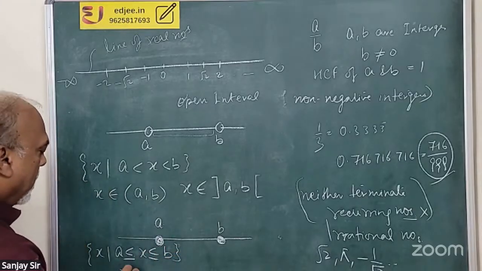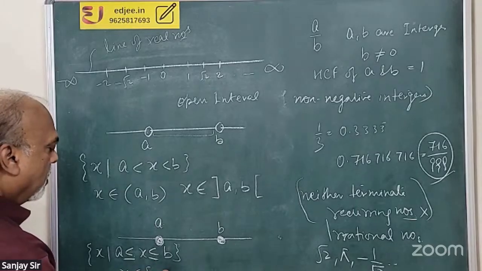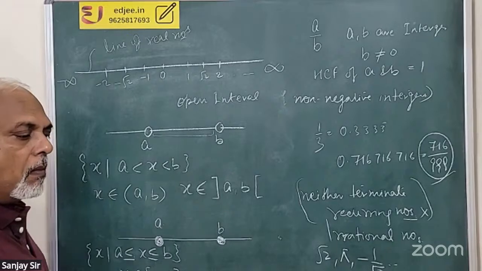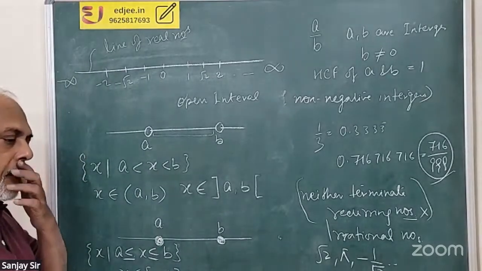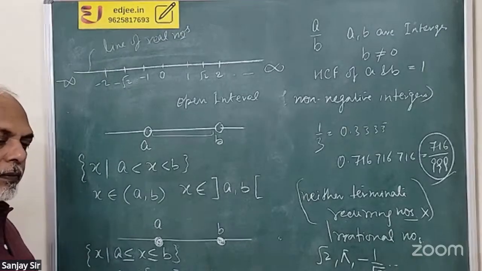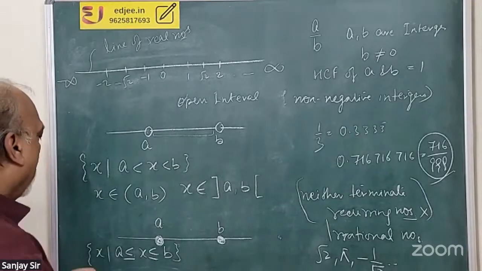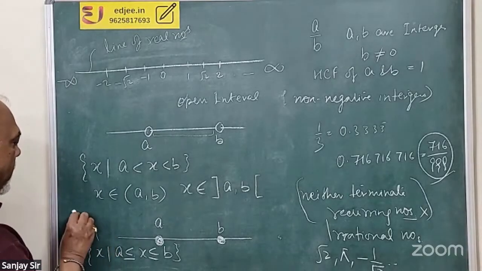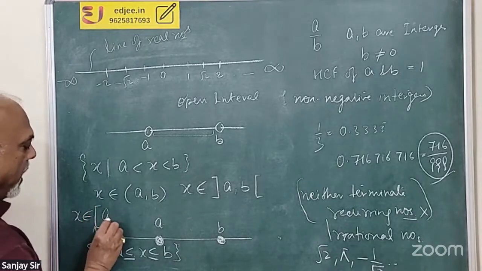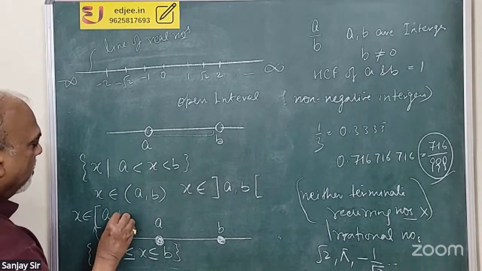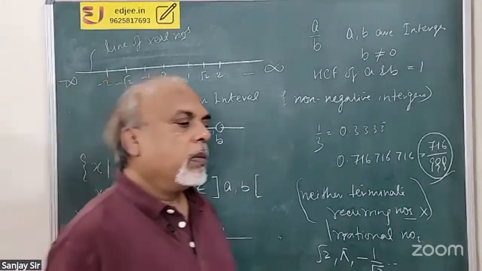Or X, or we can represent it like this: X belongs to A. Correct.